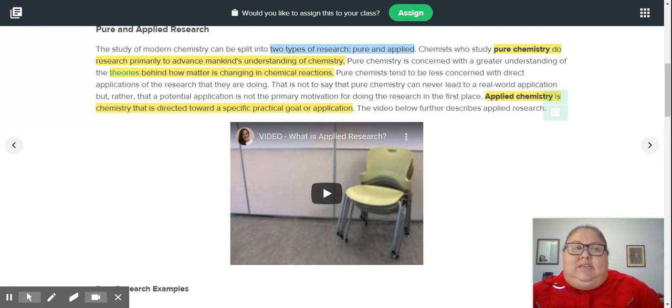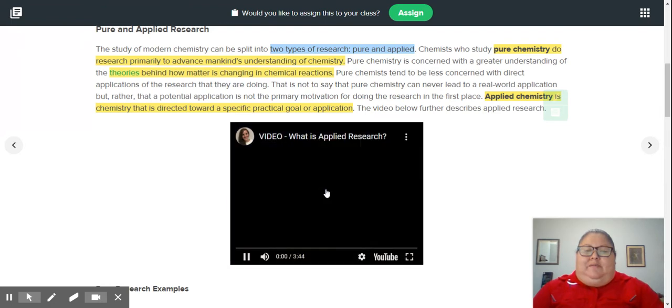Okay, yes, somebody may have created a new element, but basically if you're doing applied chemistry, you're taking that element and saying, okay, what can I do with this element for humankind? Or for animals. It's different. Every element has its different applications depending on what people want to do with it. Here you have some more examples of applied research.